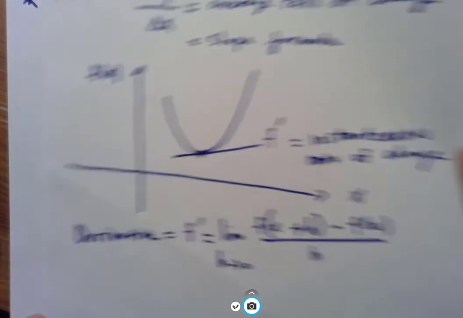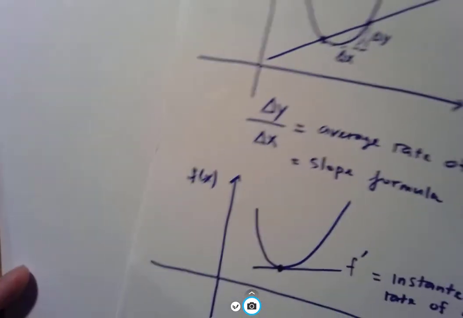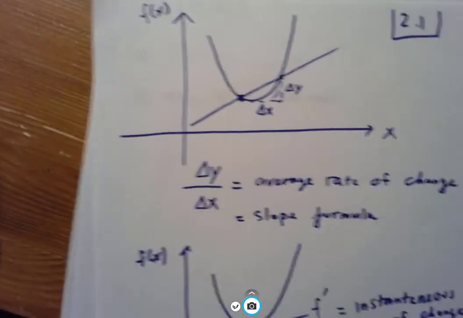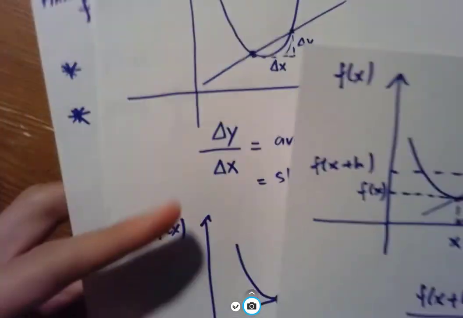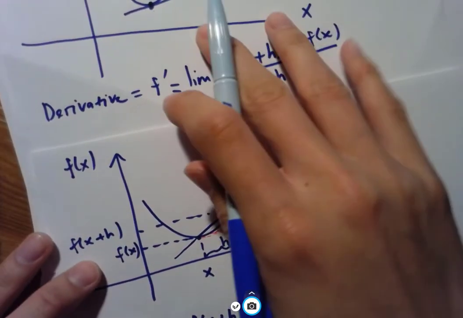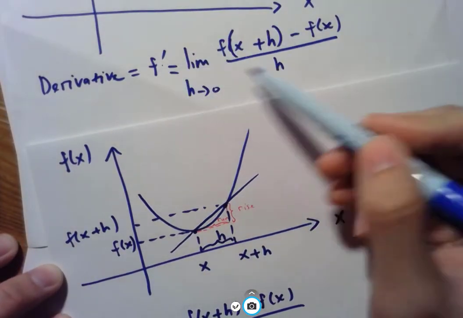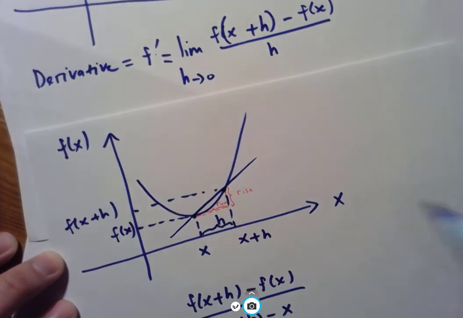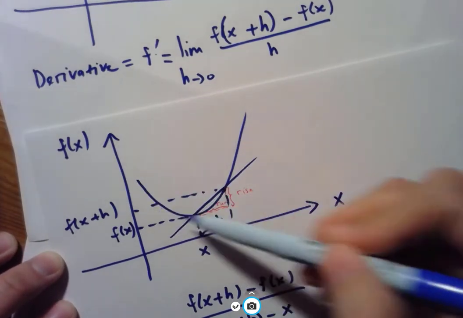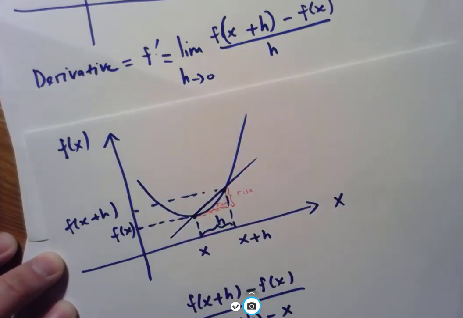The reason why, you can take a look at the cases here. The reason that we got the limit definition for the slope at just one point, f prime in this case, is because if you imagine I have the function f of x, this is the x-axis, this is the y-axis.